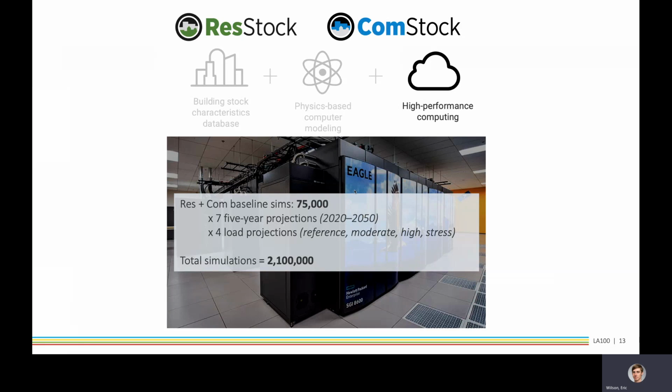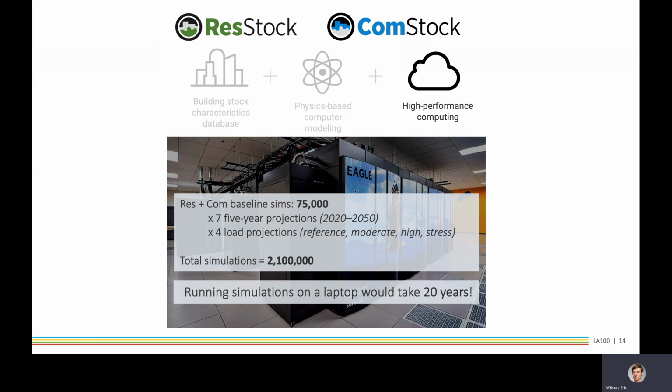And for each of those, 4 different load scenarios. So in total, we ran over 2 million simulations. If you were to try to run that on a laptop, it would take 20 years. So the supercomputer was definitely necessary. And we run orders of magnitude more simulations when we do national scale studies compared to the city scale analysis.